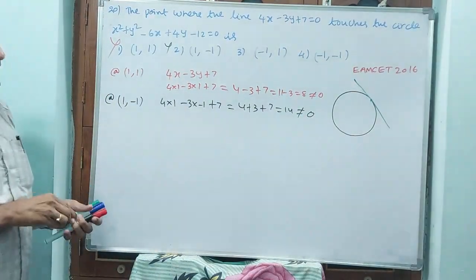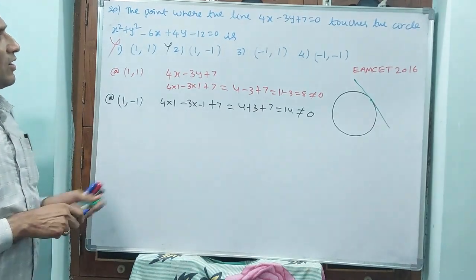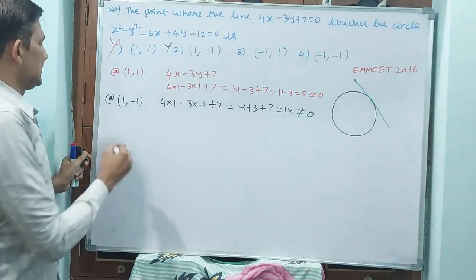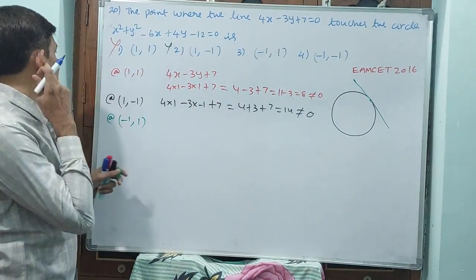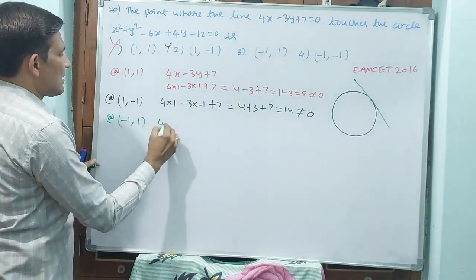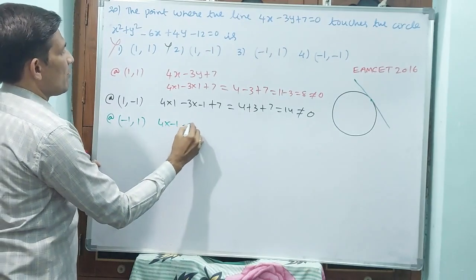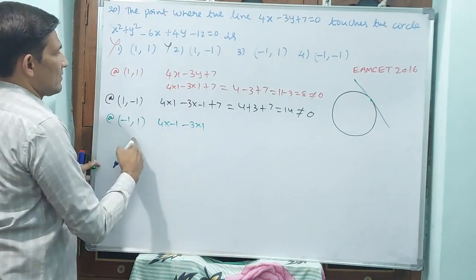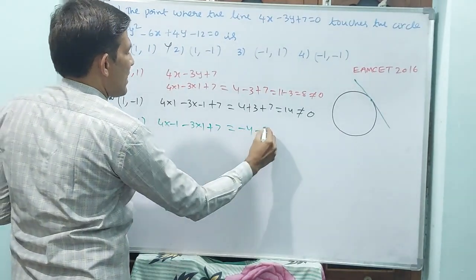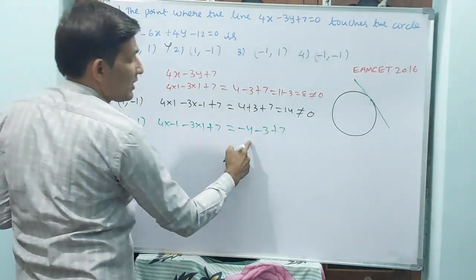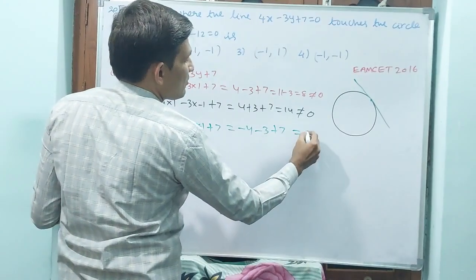That means not satisfied. Go for the third one, minus 1 comma 1. Okay, 4 into minus 1 minus 3 into 1 plus 7. Minus 4 minus 3 plus 7. You see, minus 7 plus 7, that is equal to 0.